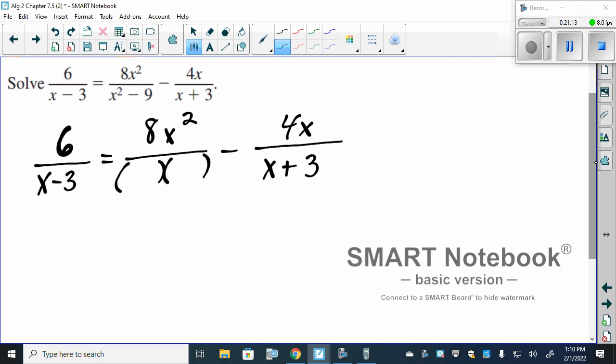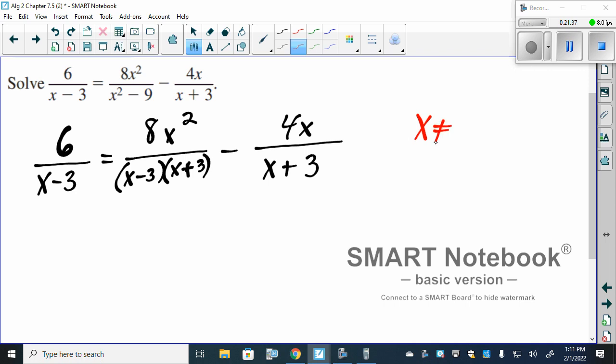Now if I factored x squared minus 9, what would we get? It will factor because x squared minus 9 is a difference of perfect squares. And I think y'all kind of like how difference of perfect squares factor. Not too bad.